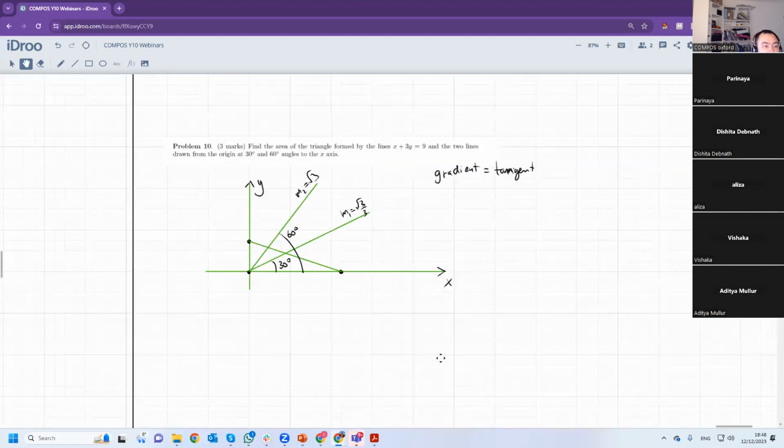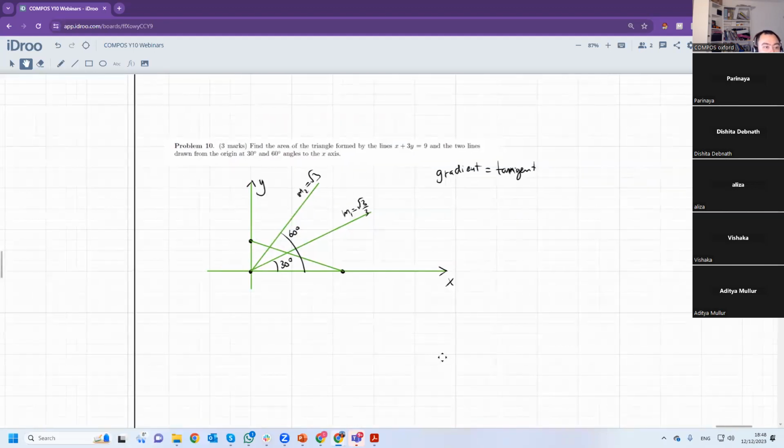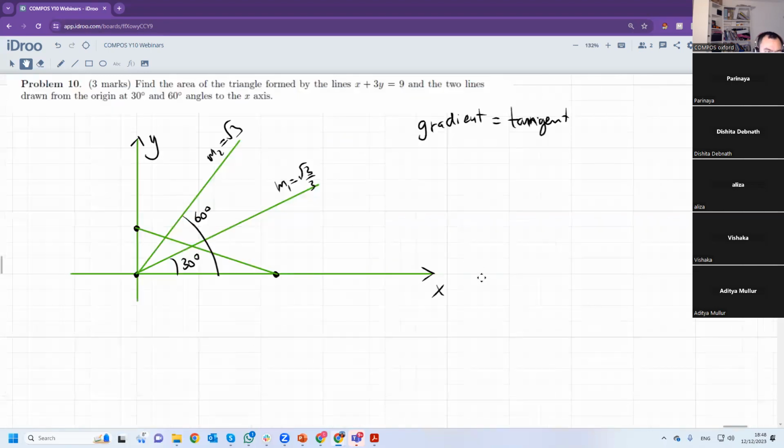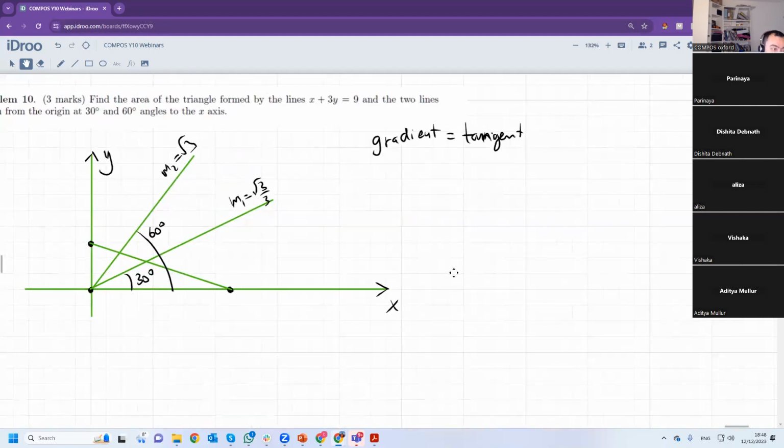Okay, and find the area. Well, you can cheat and find the area using a formula, like Heron's formula. Area is 1/2 times base times height.